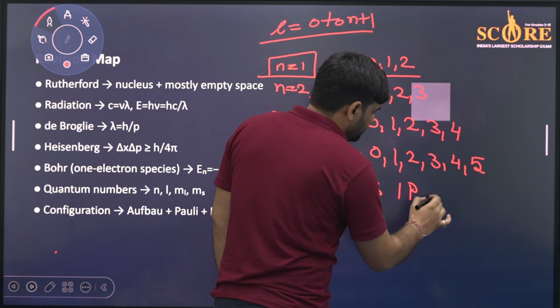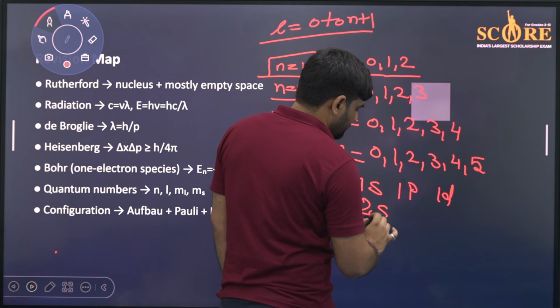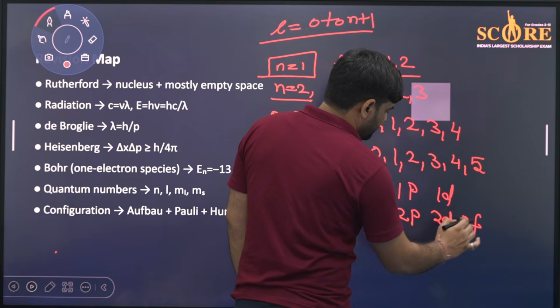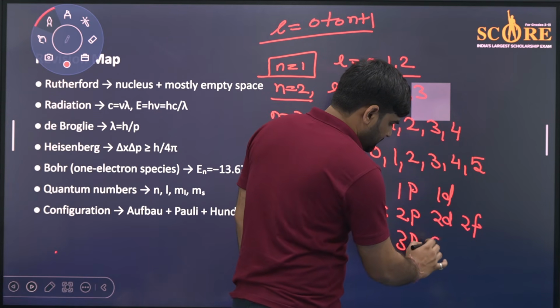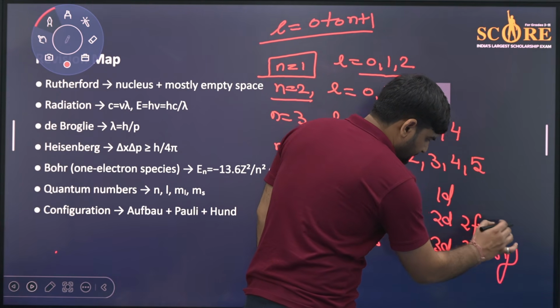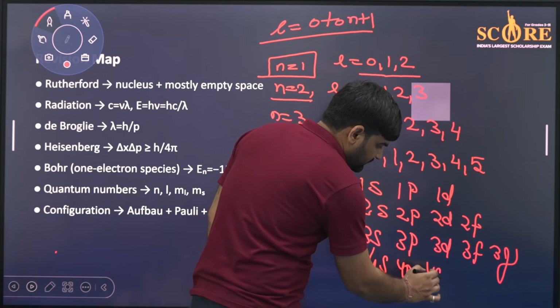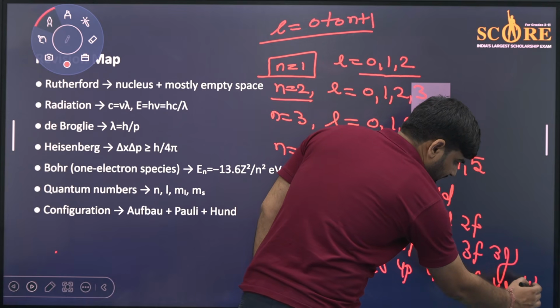For n equals 2, it is 2s, 2p, 2d, 2f. N equals 3, 3s, 3p, 3d, 3f, 3g. And 4s, 4p, 4d, 4f, 4g and 4h.